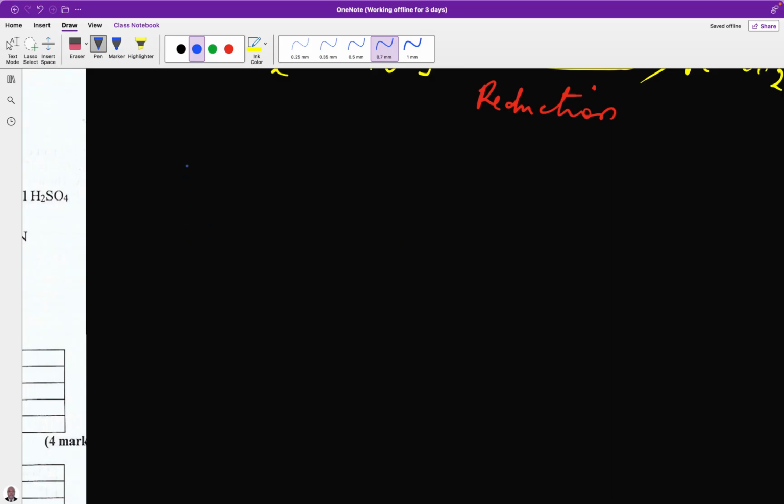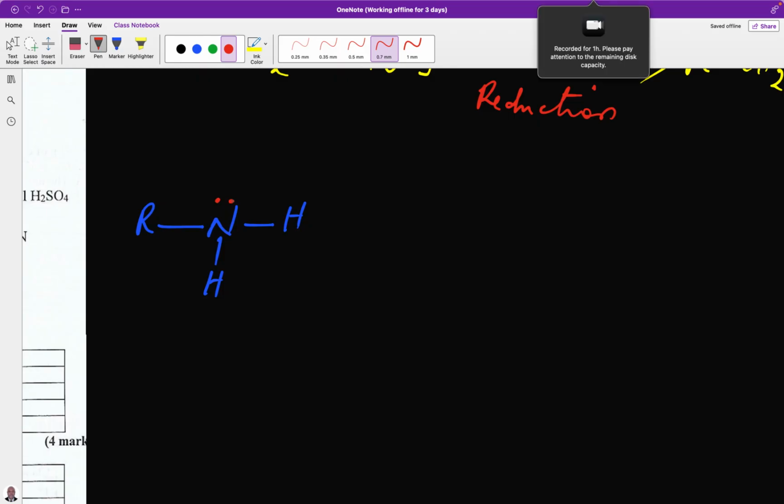Look at the structure of the amine. Nitrogen has a lone pair on it. So the feature of amine that makes them basic is the presence of the lone pair of electrons on the nitrogen atom.